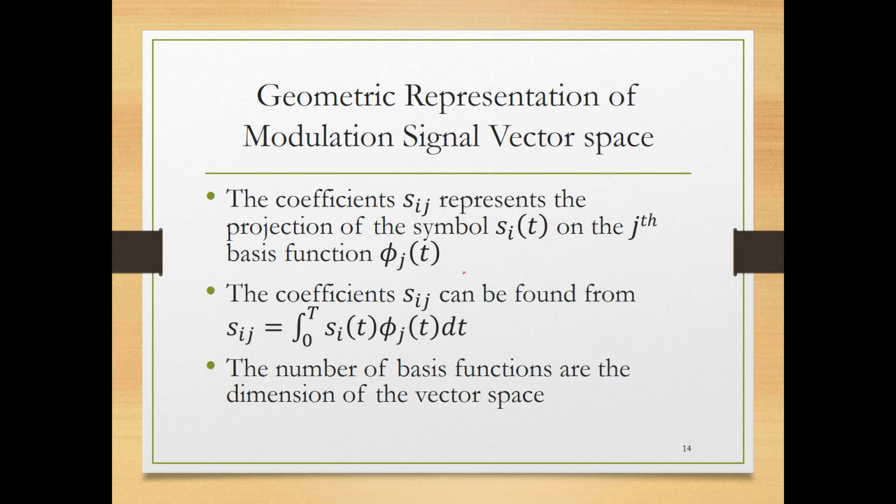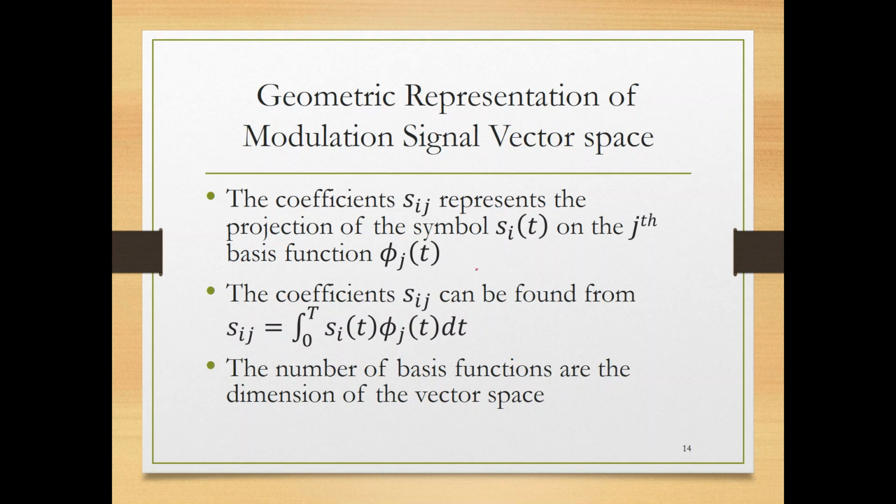So basically, if someone tells you, okay, I found a basis function that's orthogonal, you tell him, please give me the basis function. As an engineer, you are required to test this function and see whether it's really orthogonal or not. How do you test the orthogonality of a function?